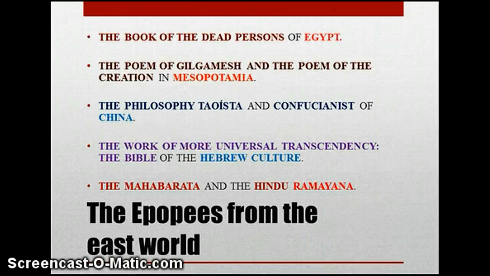The most important epopees from the Eastern world are the Book of the Dead of Egypt, the poem of Gilgamesh and the poem of the creation in Mesopotamia, the philosophies Taoism and Confucianism of China, the work of more universal transcendence, the Bible, but not the entire Bible, just the first 5 books and the songs, and these songs are called Psalms of the Hebrew culture, and the 2 most important, the Mahabharata and the Hindu Ramayana.